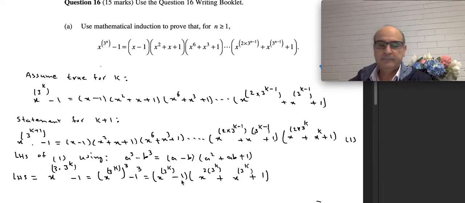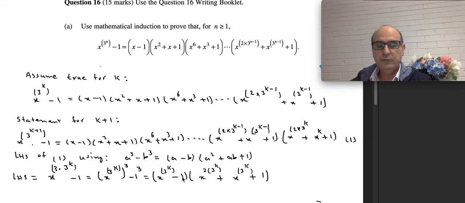All right, so we wanted to prove relationship number 1. And so far on the left hand side we showed that this can be written in this form.